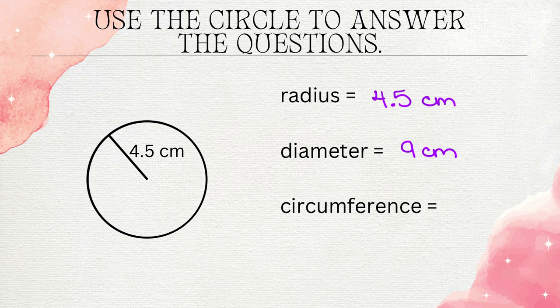How did you find it, Chase? 9 times 3.14. Very good. Your pi value times 9. And what did you get? 28.26 centimeters. Very good. 28.26 centimeters. And circumference is just measuring that distance completely around your circle. Okay?